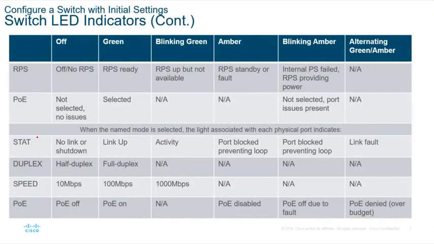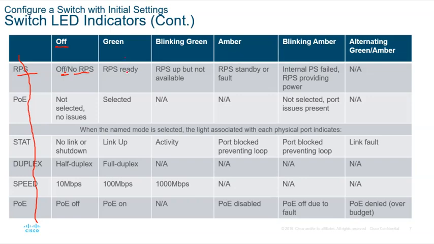So here is a table indicating different modes, because in case, let's say, the light is off, what does that mean? For all those attributes, the attributes are here. For the redundant power supply here, if it's off, what does this mean? It's either off or there is no redundant power supply.